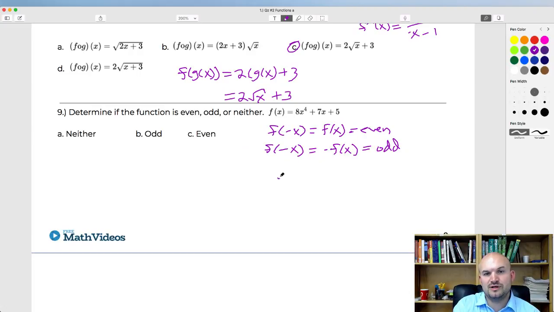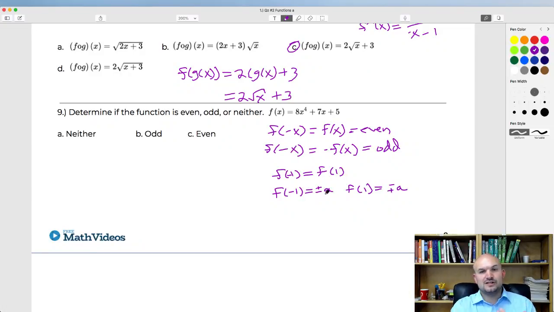And this also works with numbers. For instance, if you plug in f of 1 and you plug in f of negative 1, and f of negative 1 is equal to f of 1, then you're good. Whatever the value is, if you plug in f of negative 1 and f of 1, you're going to get the exact same value out.